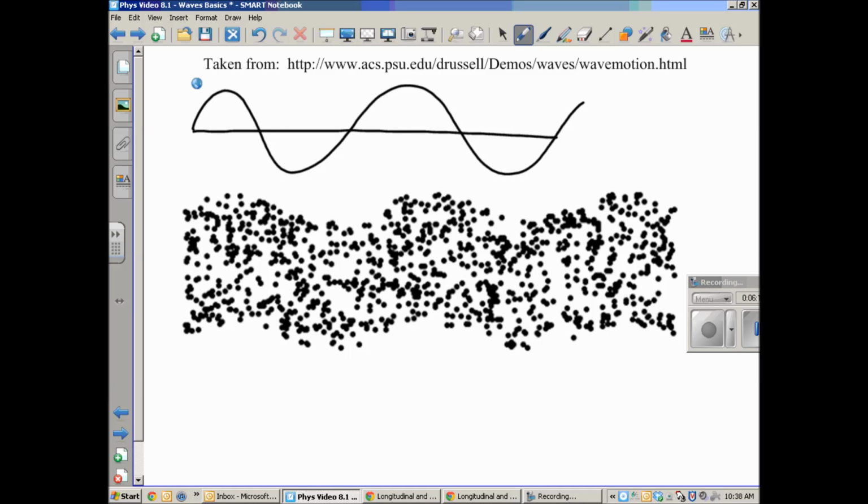You've got high points and low points. The high points are called crests, and the low points are called troughs.